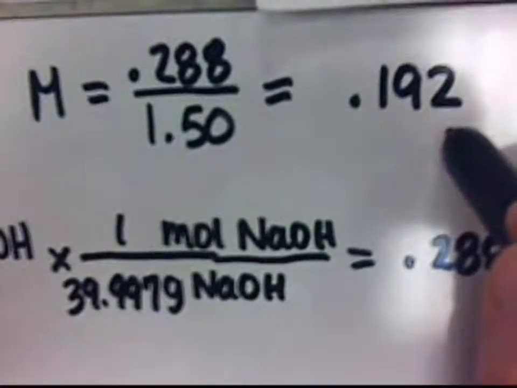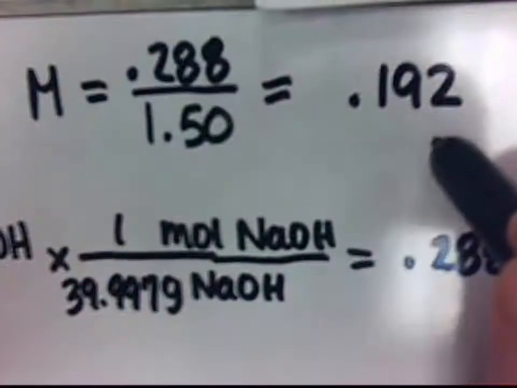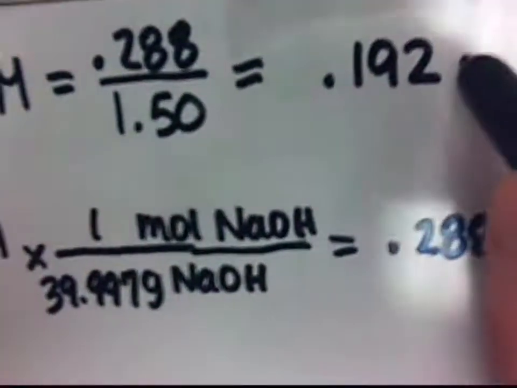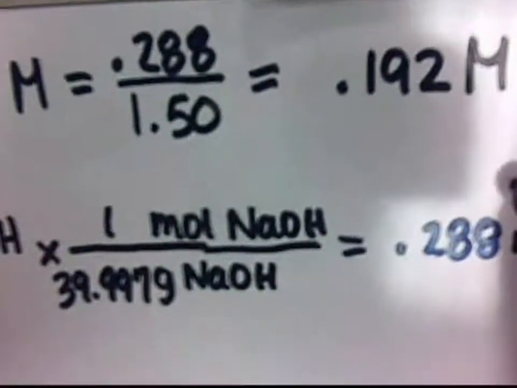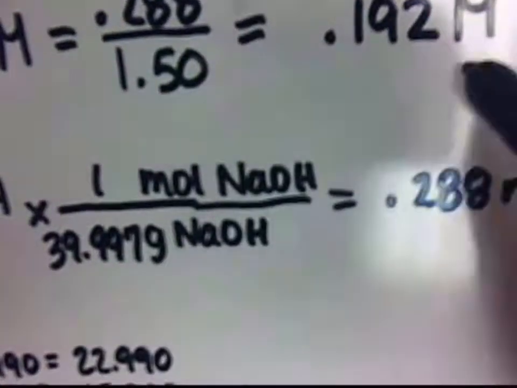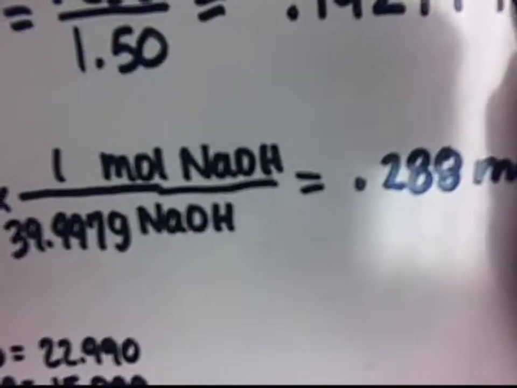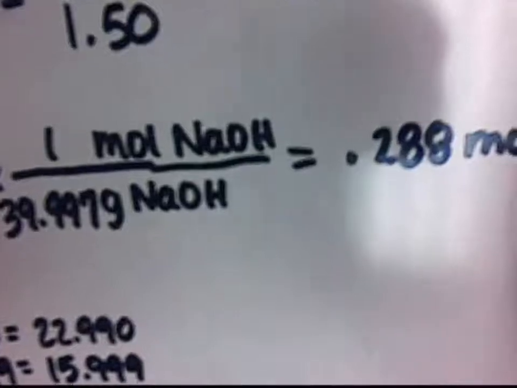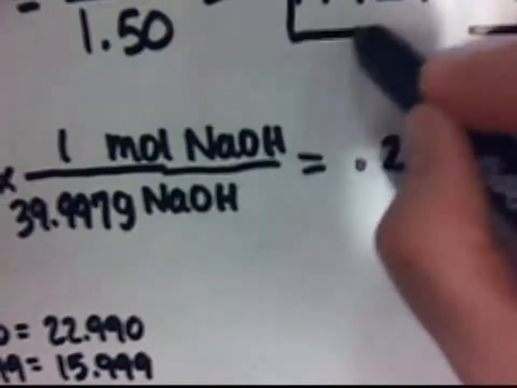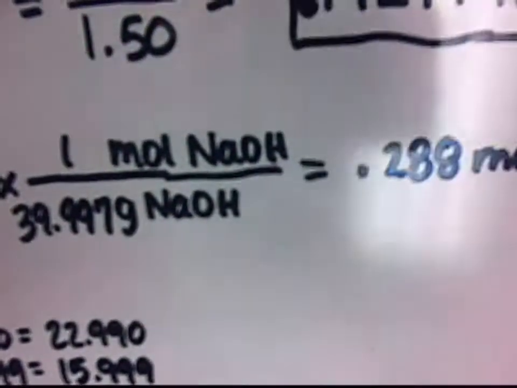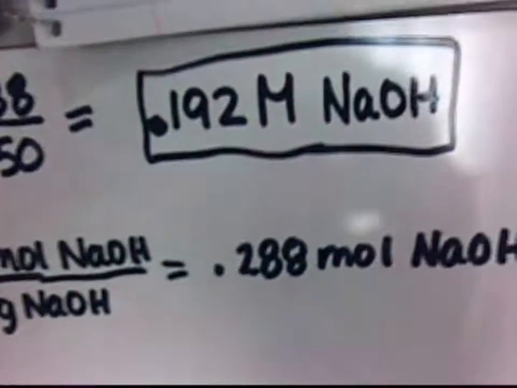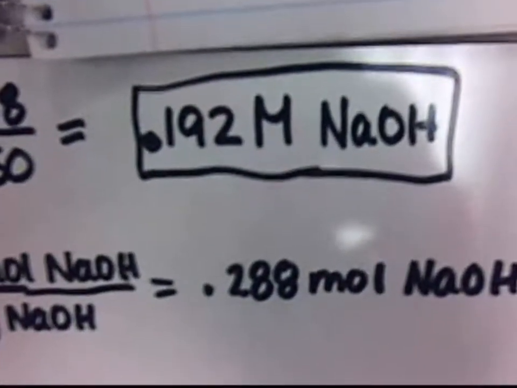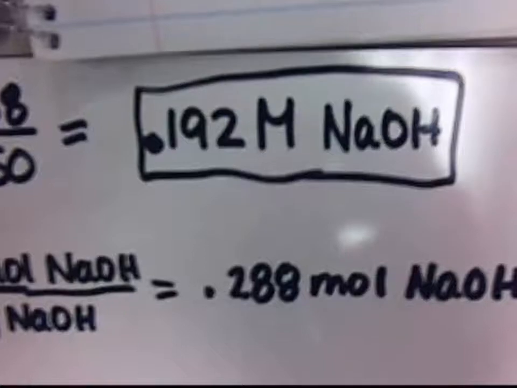So in this case, the calculator answer and the sig fig answer are exactly the same thing. I'm just going to leave my answer, label it with a capital M, and it's also going to be labeled with NaOH. So my actual answer for this one is 0.192 molarity NaOH, and that's how we do the first example problem.